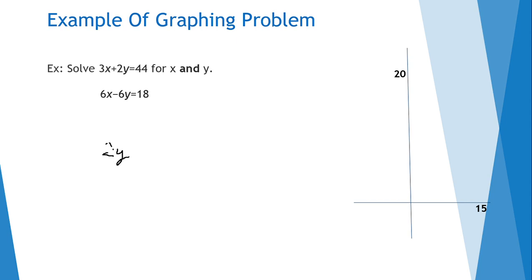That's a little bit messy, but 2y equals -3x plus 44. And what we want to do is divide each side by 2 to isolate that y. So we'll get y equals -3/2 x plus 22.